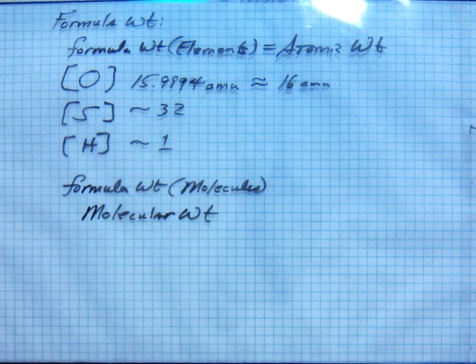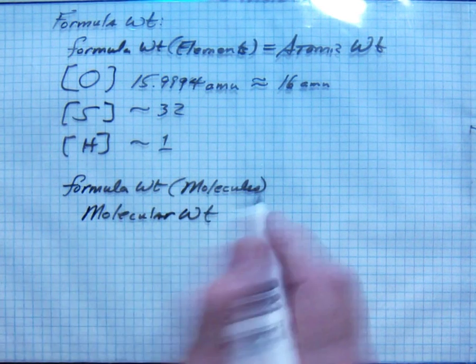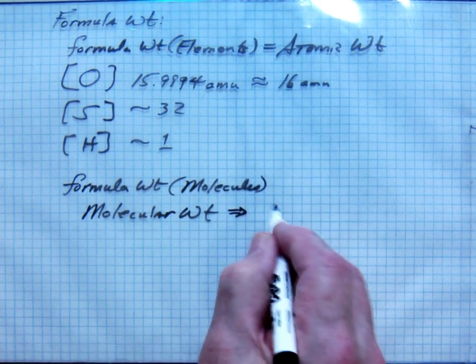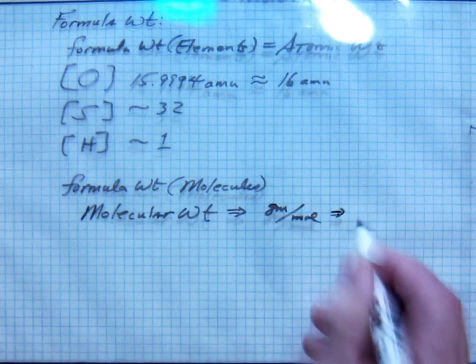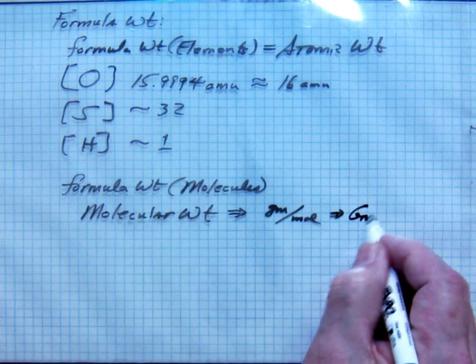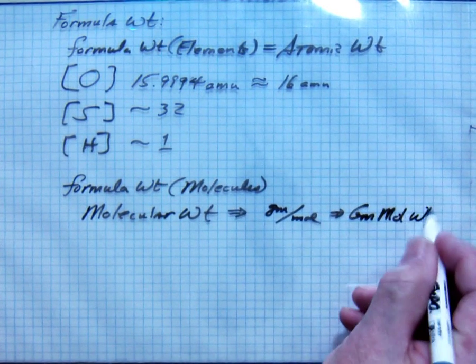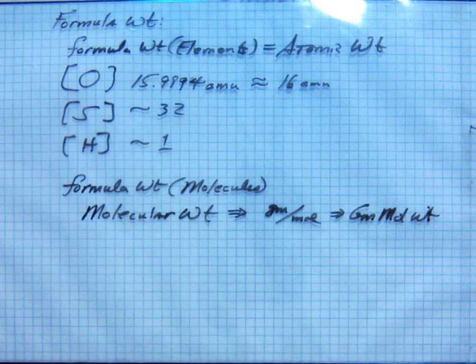So you've heard both terminologies of atomic mass units when we add everything up. From here on, we're going to be using grams per mole. So from here on, it'll be grams per mole, and that's gram molecular weight. Just to establish some ground rules in terms of terminology that we're going to use.